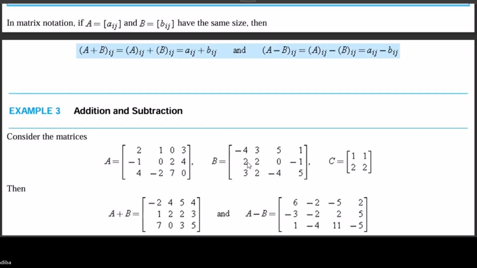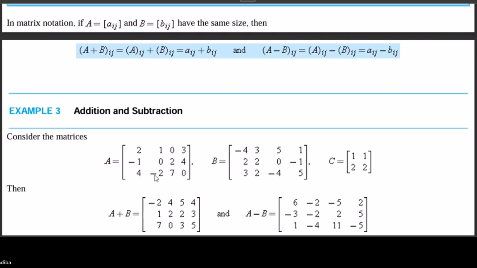Then minus 1 plus 2, we end up having 1. 0 plus 2 gives us 2. 2 plus 0 gives us 2. 4 plus minus 1 is 3. 4 plus 3, 7.